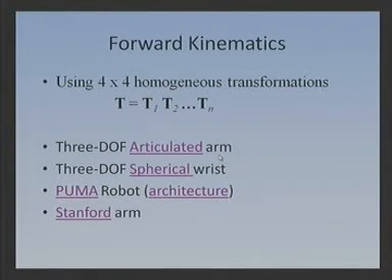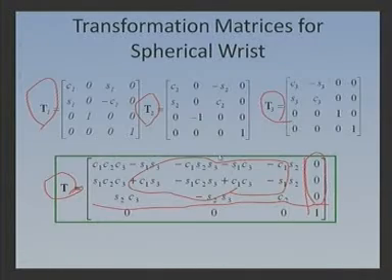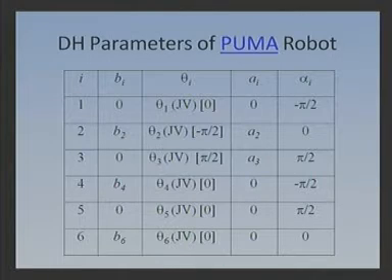Once you have done it for the arm and wrist, this will not take a very long time to understand what is happening. So, these are my DH parameters listed in this table.